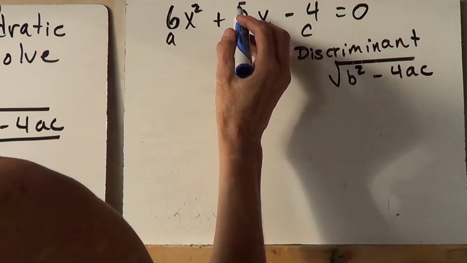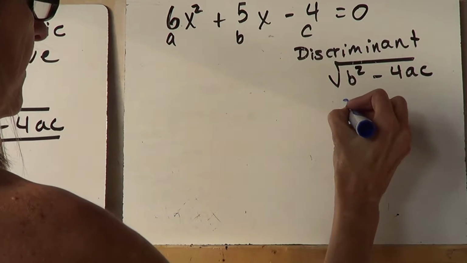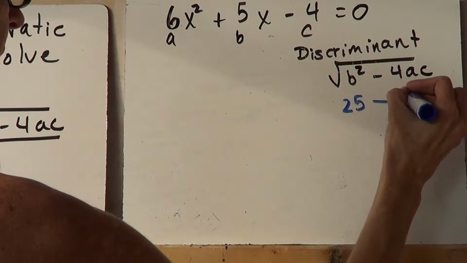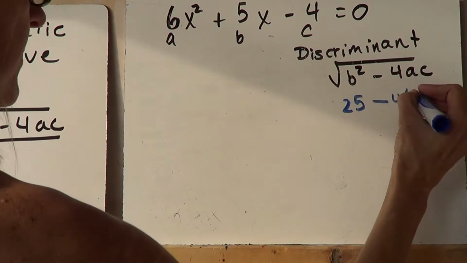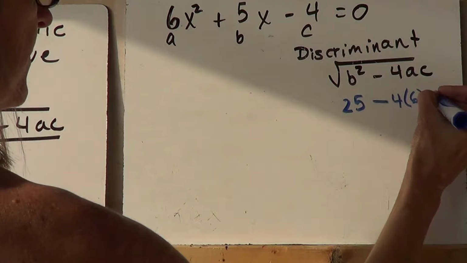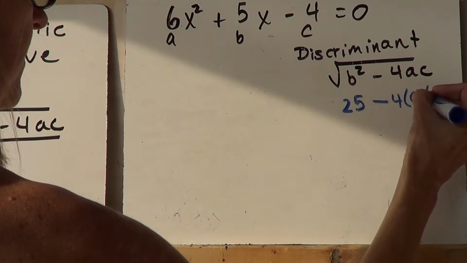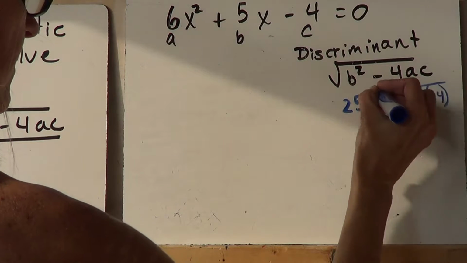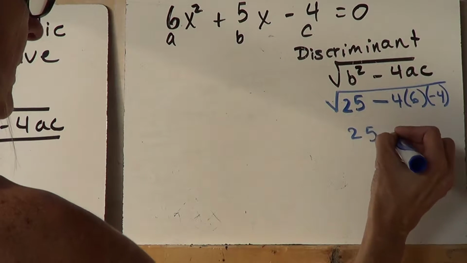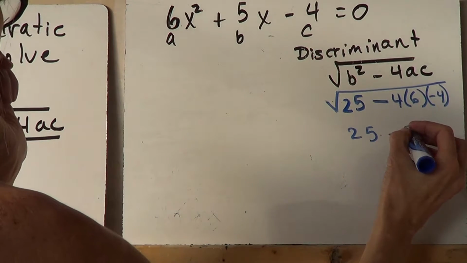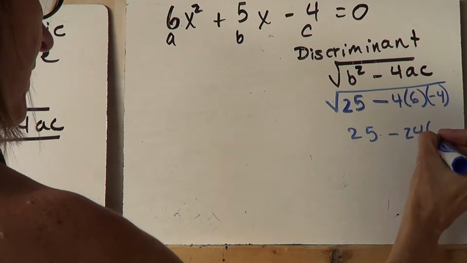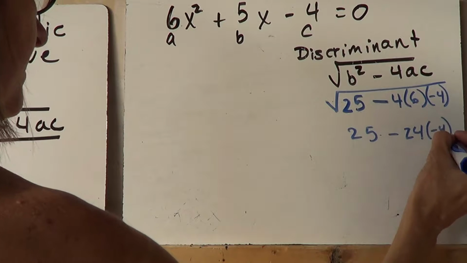But it really helps to do that first. So I take my b value, I square it. I take 4 times a times c. This is 25 minus 24 times negative 4.